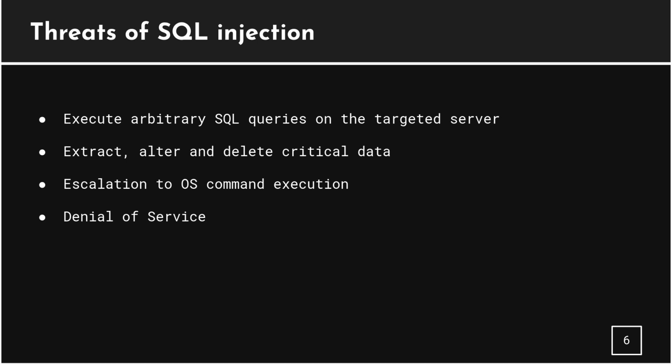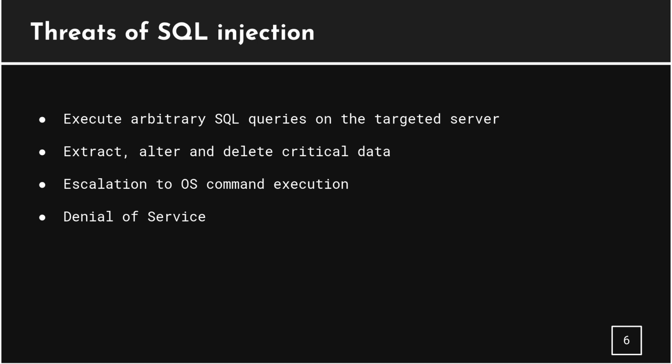The first obvious thing is that it allows us to execute arbitrary SQL queries on the targeted server, which is very bad. So we can basically retrieve all data from the database or insert new data and so on. And that brings us to the second point: we can extract, alter, and even delete critical data from the database server.